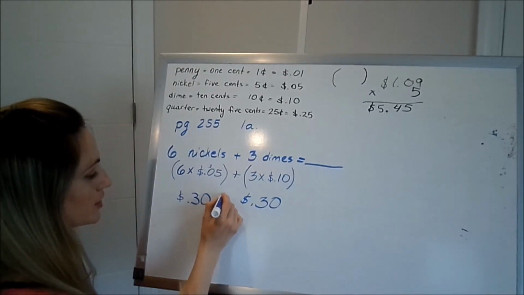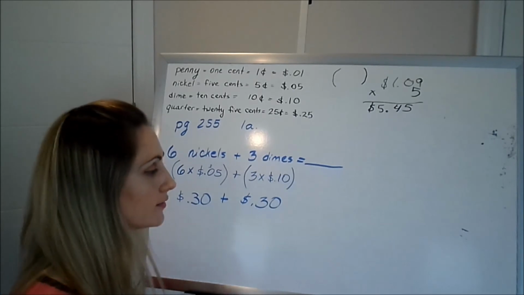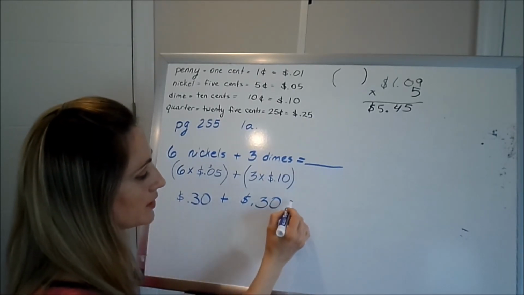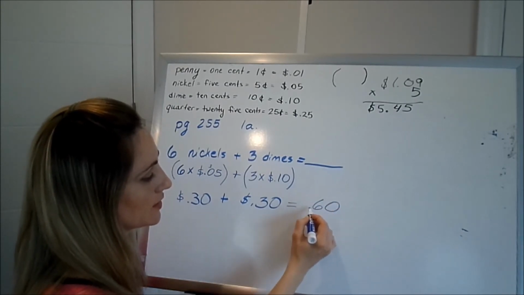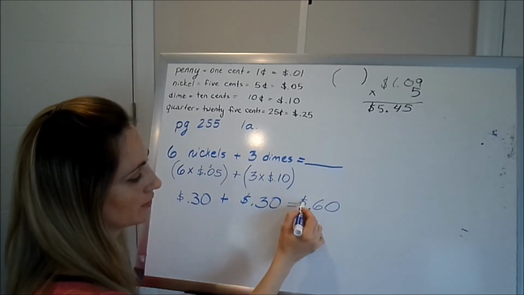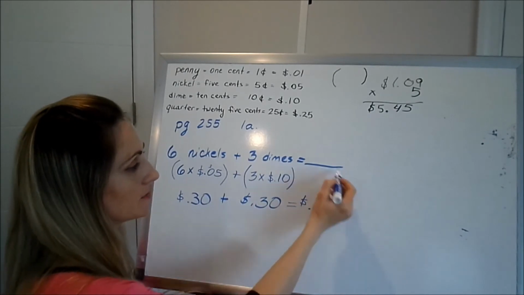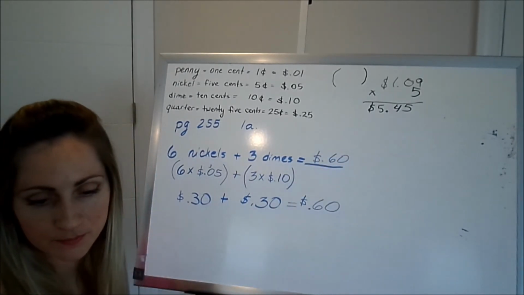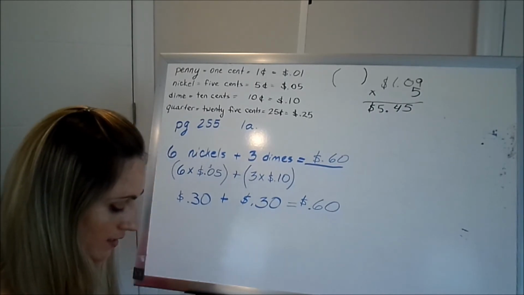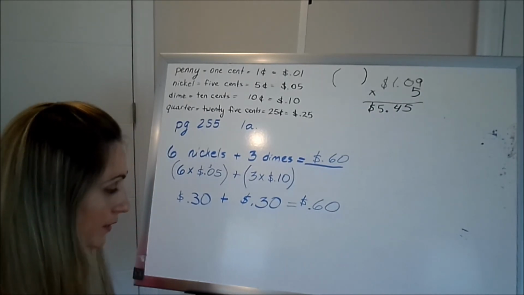So now you're just going to add 30 and 30. That's easy. 3 plus 3 is your 6. And you don't forget the zeros and your decimal and your $ sign. So that's it right there. $0.60. Good job.